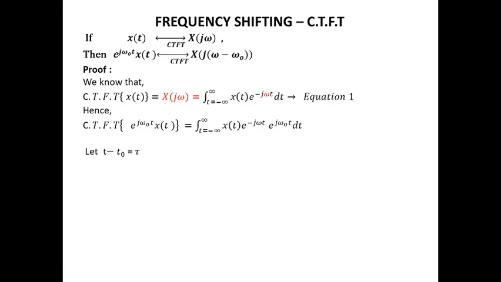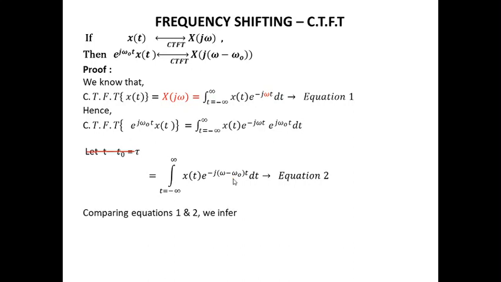This is the integration of x of t e power minus j omega minus omega naught into t dt. It has just been taken over from the previous slide. So this has been compressed into omega minus omega naught, and this is equation number 2.